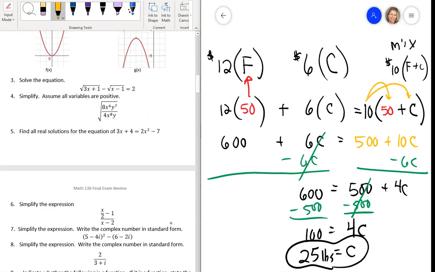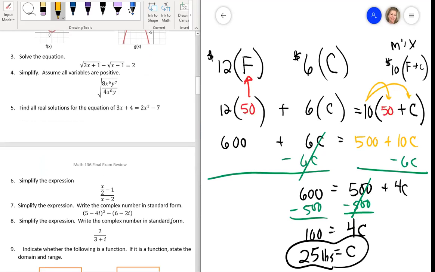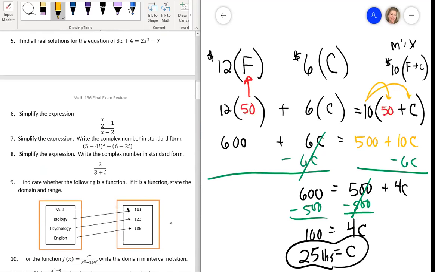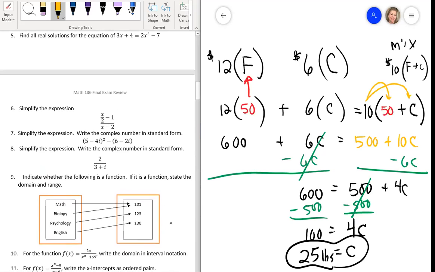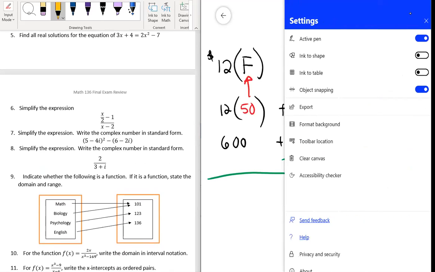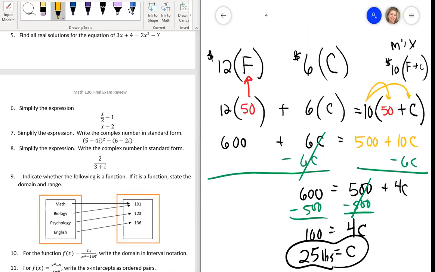Do you guys remember how to do number 8? I think I could go over that one. Okay. James, can I clear my screen? Yes, thank you. Okay.